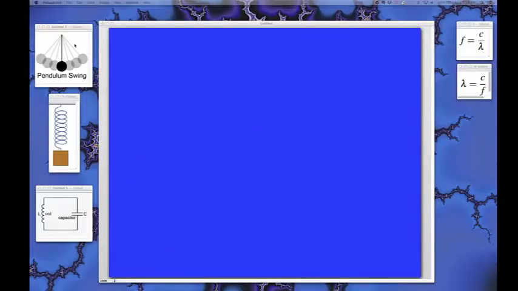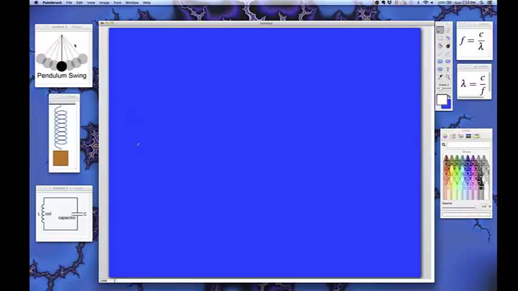So let's do this one more time. Here's the Earth. Here's the Moon. Here's the 1 second point. Okay, so this time we're just going to ignore whether it's a wave or whether it's a photon.